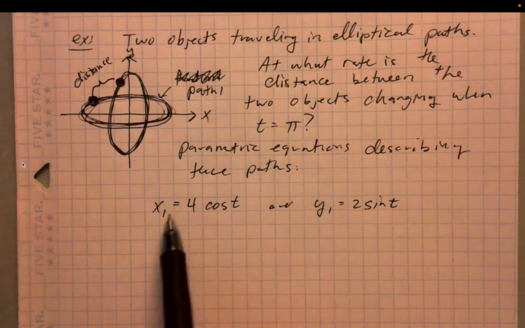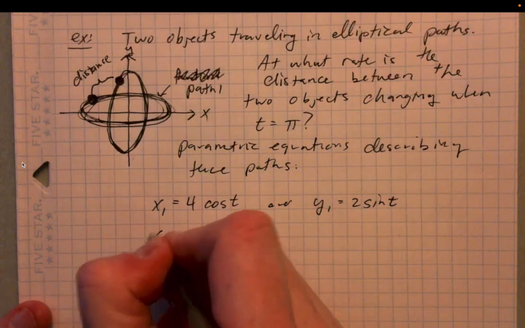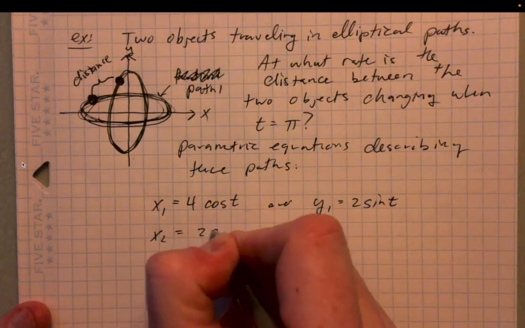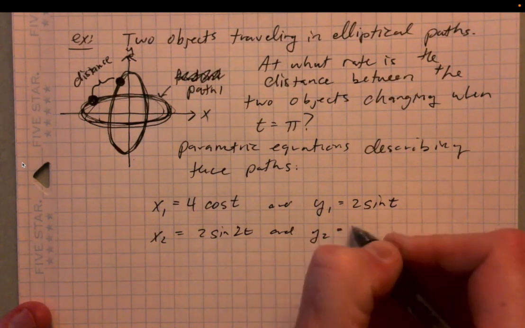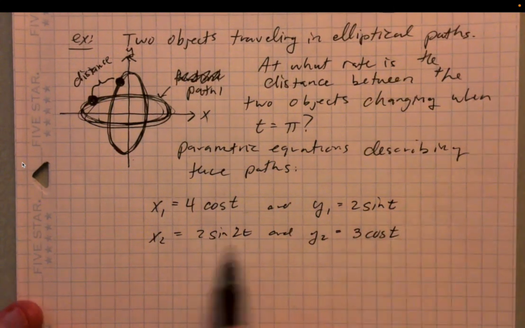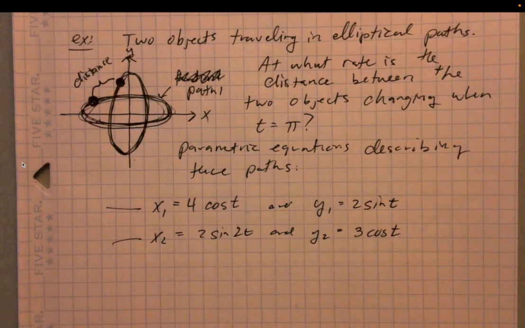So these two together describe one of these particles, and then separately x2 = 2 sin 2t, and y2 = 3 cos t. So these two describe one particle, and these two describe another one. One of the paths is x1 and y1, and the other path is x2, y2. Okay, right? So that's the setup.